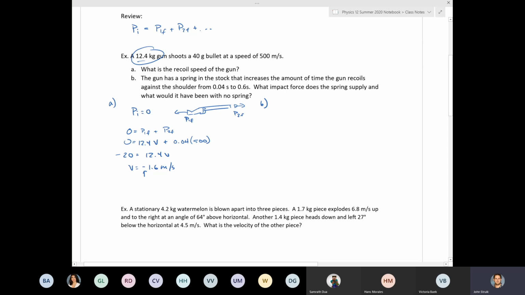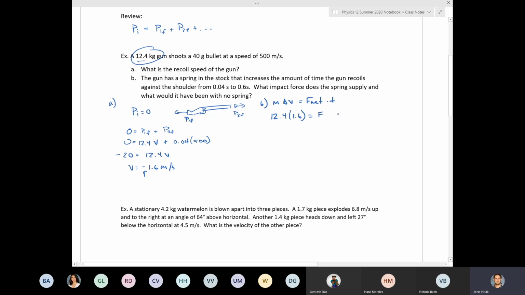So in order to answer this, we need the impact force. We're going to use M delta V equals F net times T, and it's the mass of the gun that's shooting. Its initial velocity starts at 0, and then it goes to 1.6. So we have 12.4 times 1.6. You don't have to worry about negative or positive here because we're just finding an absolute value.